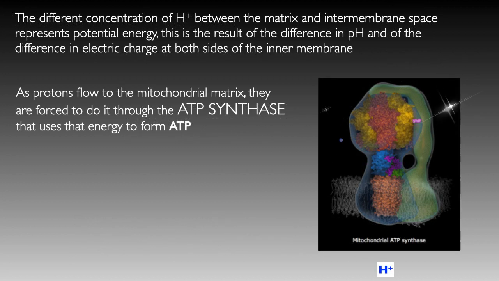All right, so the huge electrochemical gradient energy created at both sides of the internal mitochondrial membrane is used for the phosphorylation of ADP to ATP. The protons want to go through the membrane, but they are forced to pass through this special ATP synthase, which is a protein of the turbine type.